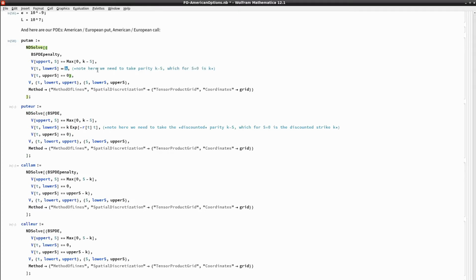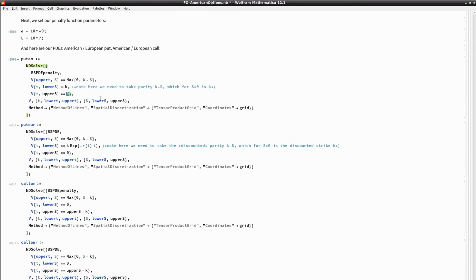So at a stock price of 0 we have a lower value of k, and by assumption, by definition, our upper s, we have a value of 0, and we've said our upper s is 3 times k.